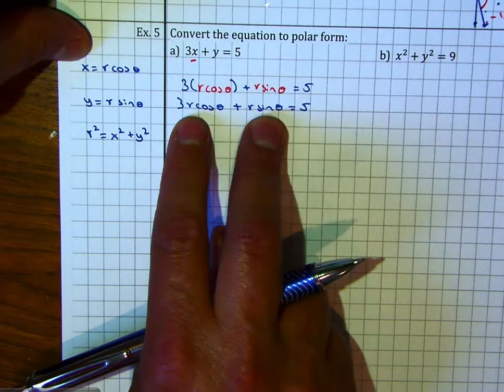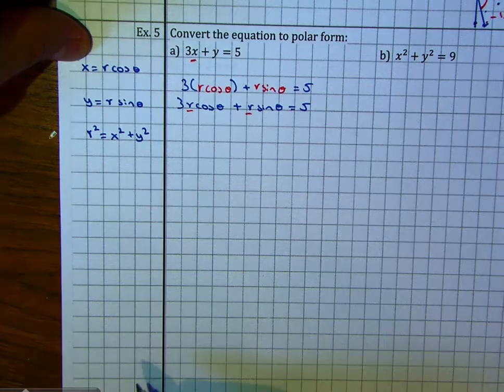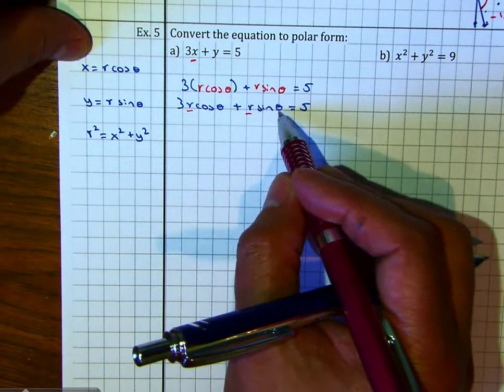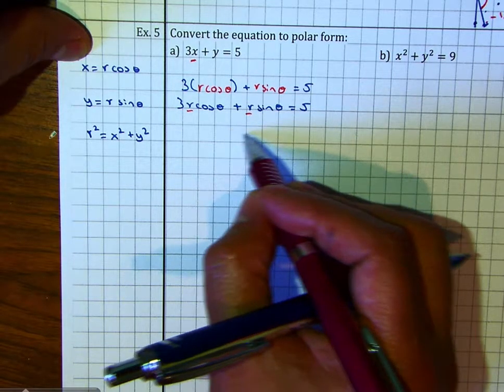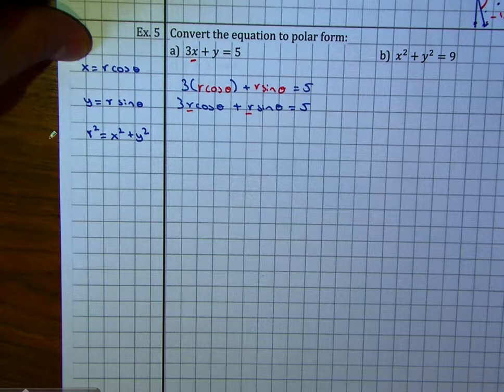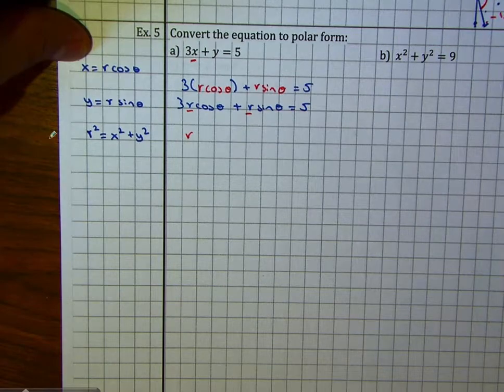Now we do have two r's, but they cannot be combined because they're not like terms. If this was r cosine of theta and this was r cosine of theta, then 3 and 1 would be 4 r cosine of theta. But they're not like terms, so what can I do? Correct, I can factor out the r, and what's left behind?